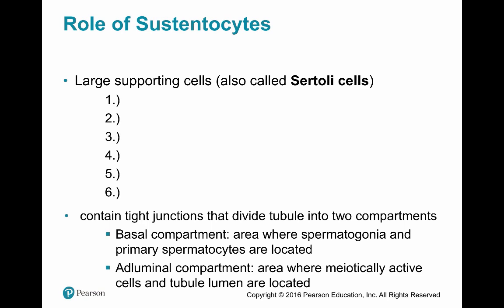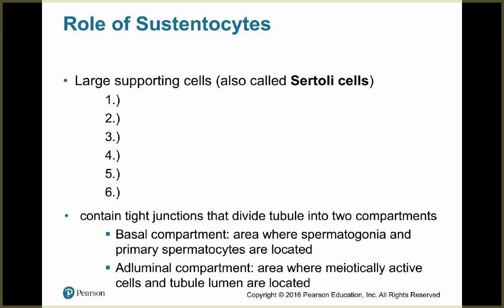Now there are supportive cells there, and they're called Sertoli cells, right? And they have several different functions. So they extend through the walls of the tubules, and basically they surround developing cells.